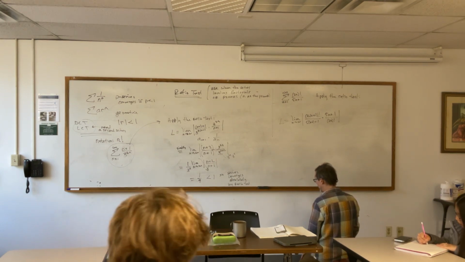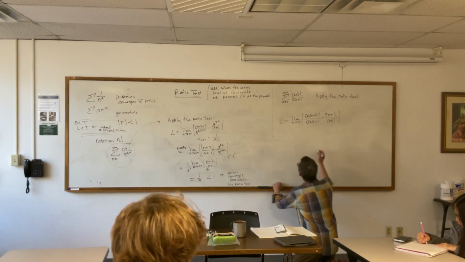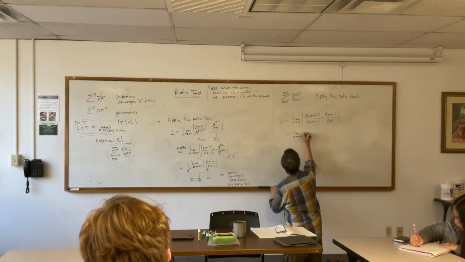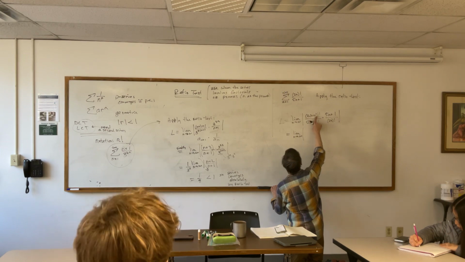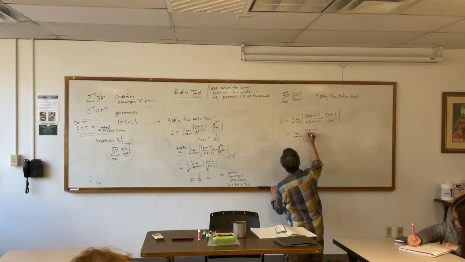Let me just give you a second. Now I'm going to simplify because that is the next step. So we've got to be careful. Now this thing in here is in parentheses before I take the factorial. So what I've got there is 2n plus 2 factorial.